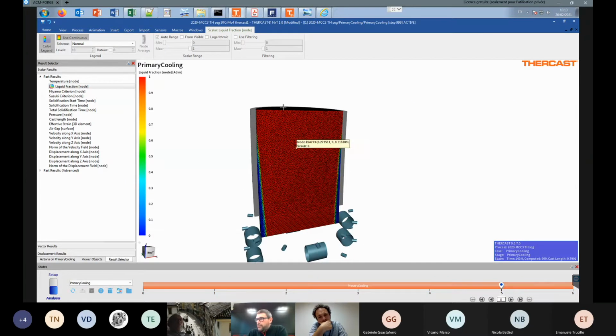And then you can do such a calculation, obtain a slice, for example, and put the slice in the wall machine to see the evolution of the solidification.